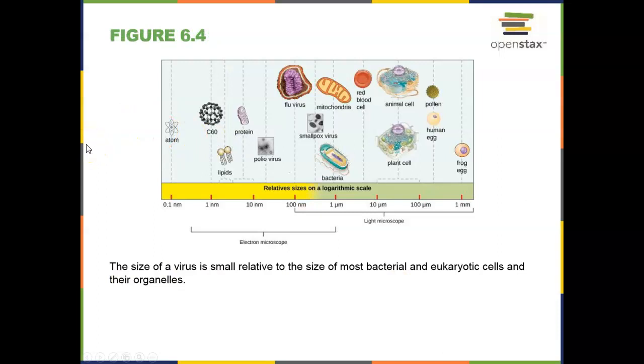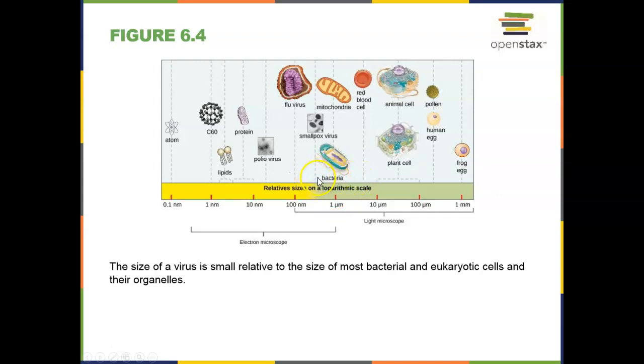So viruses are super small. This is why Ivanovsky said maybe it was small bacteria, because when you look at bacterial cells, bacteria in general span around the 1 micrometer level, so super tiny, 1/1000th of a millimeter.